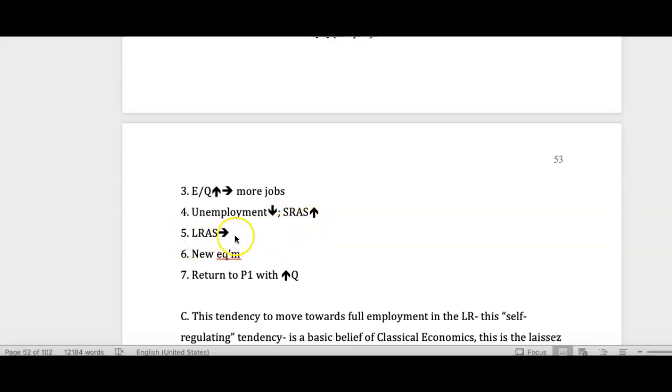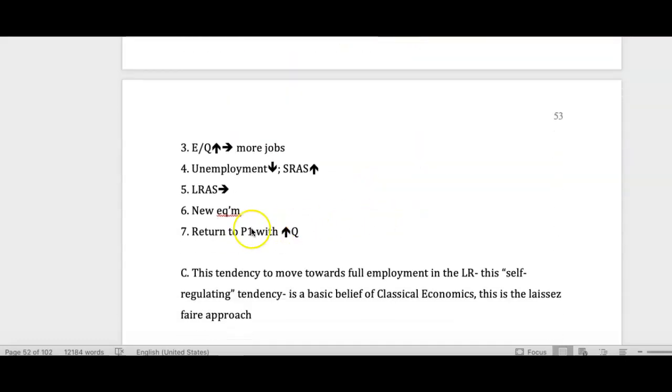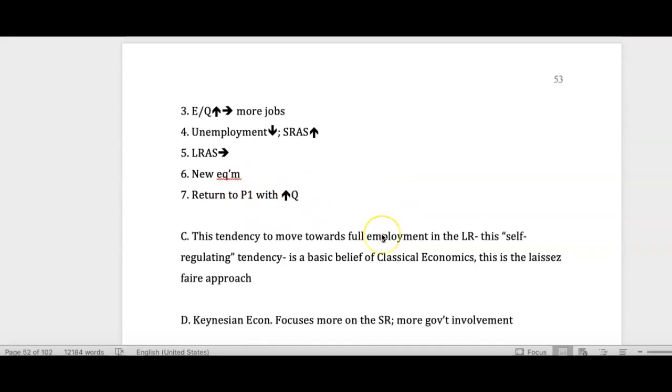Then the long run aggregate supply will be pulled over to a new equilibrium where prices go back to where they were, but we are at a higher output. All right, so new equilibrium, we return to price 1 with a higher real GDP.